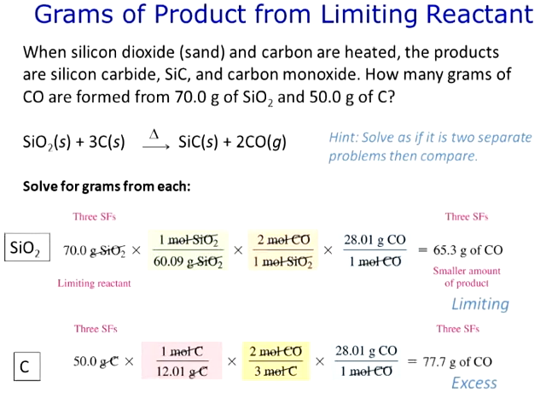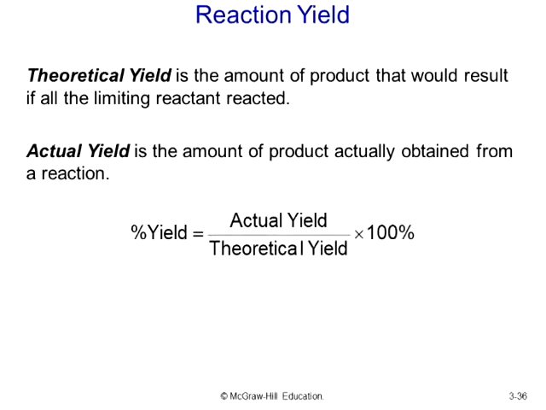We can use a mole-to-mole interconversion in going from one species to another. The percent yield may be obtained by taking the actual output yield from the reaction, the mass that was output, divided by the theoretical yield. The theoretical yield is calculated using the limiting reactant.